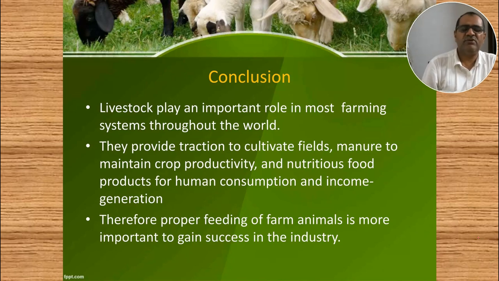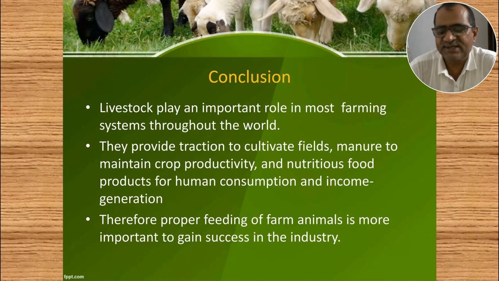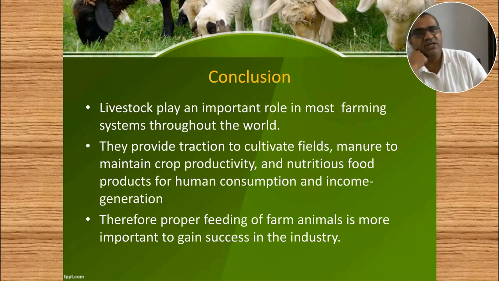Hence, the livestock farming system is contributing 4.8% of the GDP of India, and especially 24% of the agriculture GDP. And this is a very important source of income to most of the rural people. Hence, we need to feed the livestock in a proper manner.